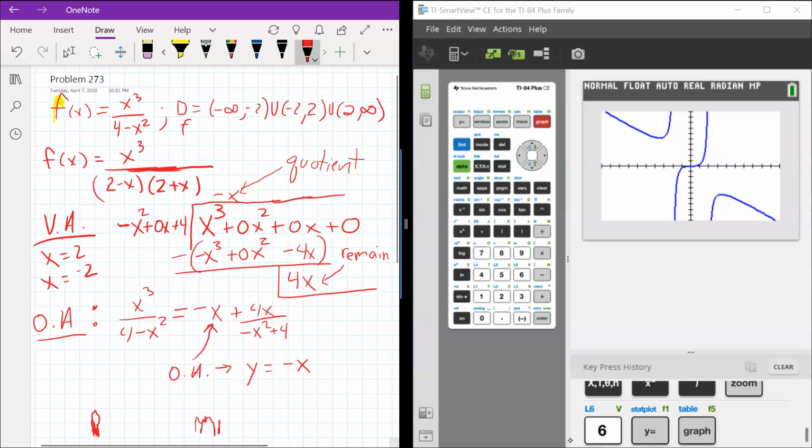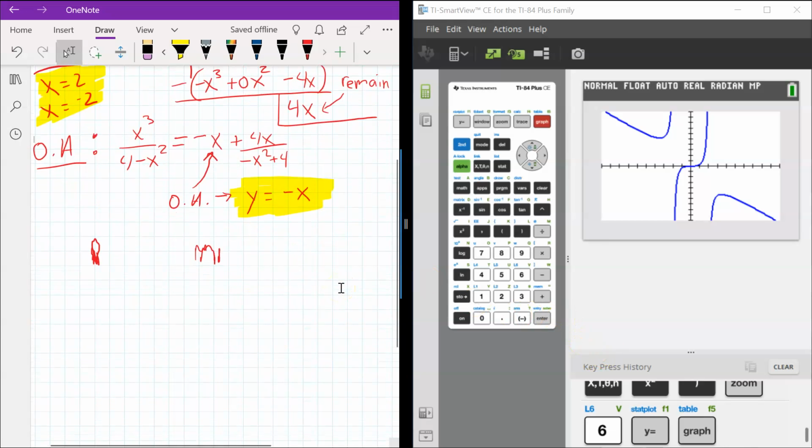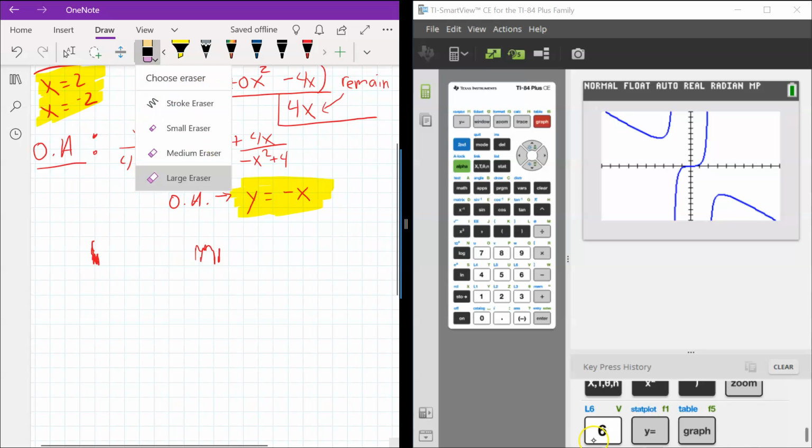So our asymptotes are y equals negative x for the oblique, and the others are at x equals 2 and also at x equals minus 2. So if I just drew the asymptotes here, I got a little mess there, so let me erase this.